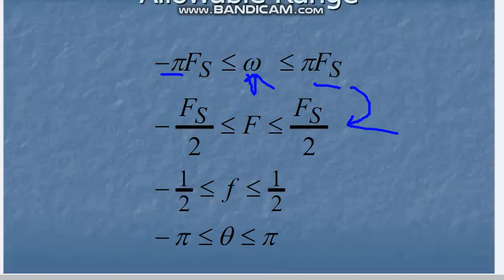Fs is the sampling frequency, and as we know from the sampling theorem, the sampling frequency is always greater than or equal to twice the operating frequency or the message frequency.